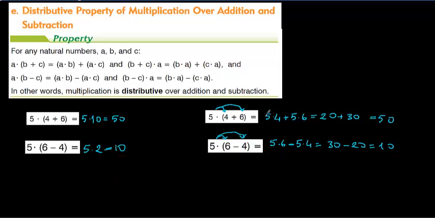And you can replace the terms. We are multiplying from the left side, and you can do this one from the right side also, because multiplication has the distributive property.